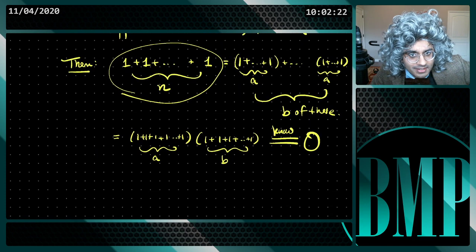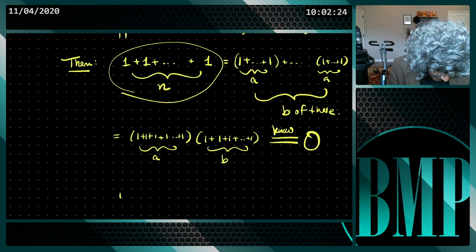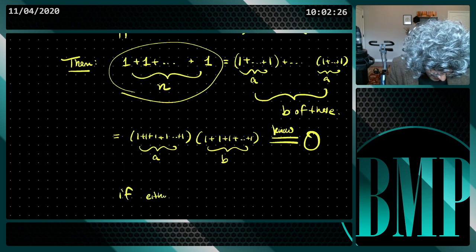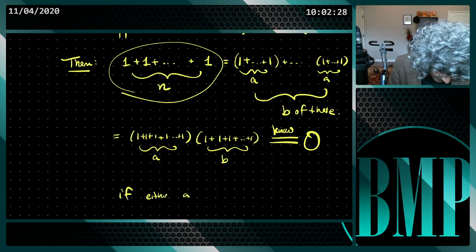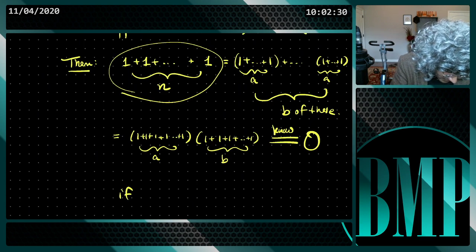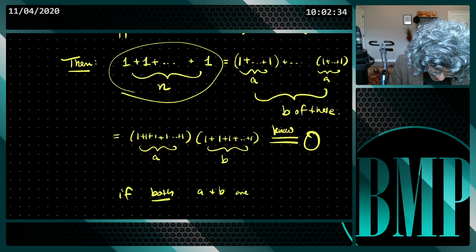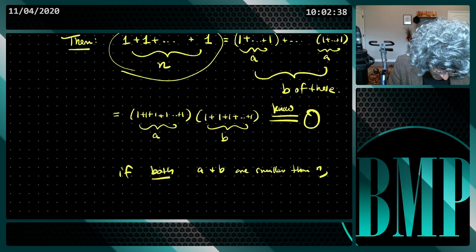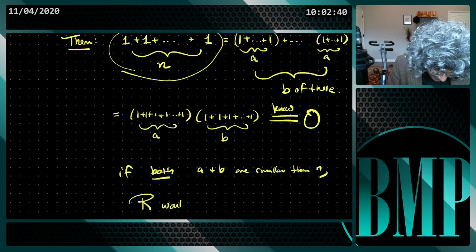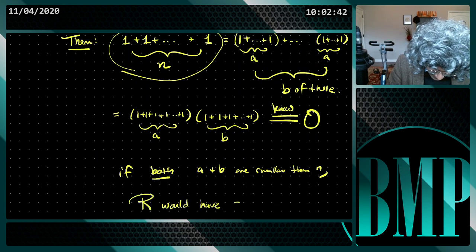And so, if both A and B are smaller than n, R would have 0 divisors.